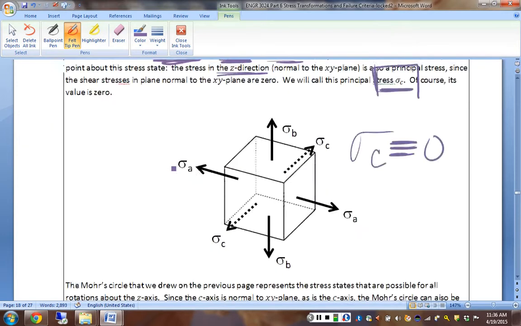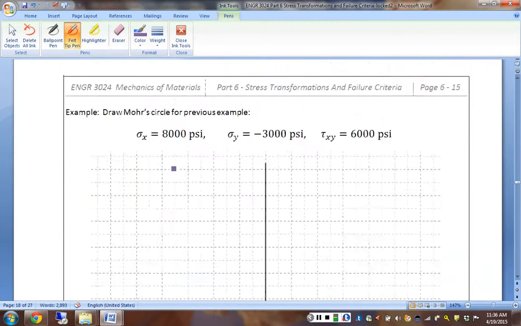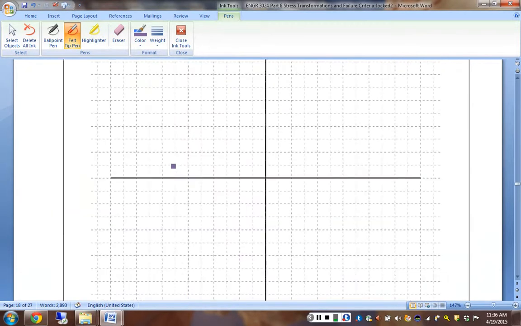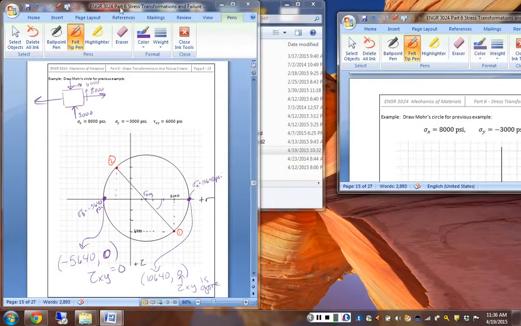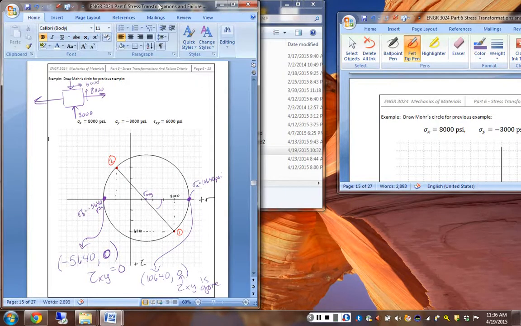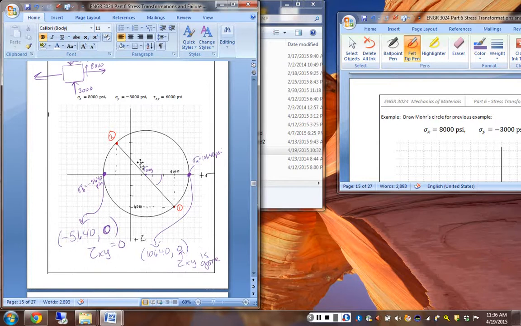If we come back to the simple planar case that is on this page, and look at the Mohr circle for our same stress state, the largest value that the shear stress can be is, in fact, in this case, the radius of the circle.